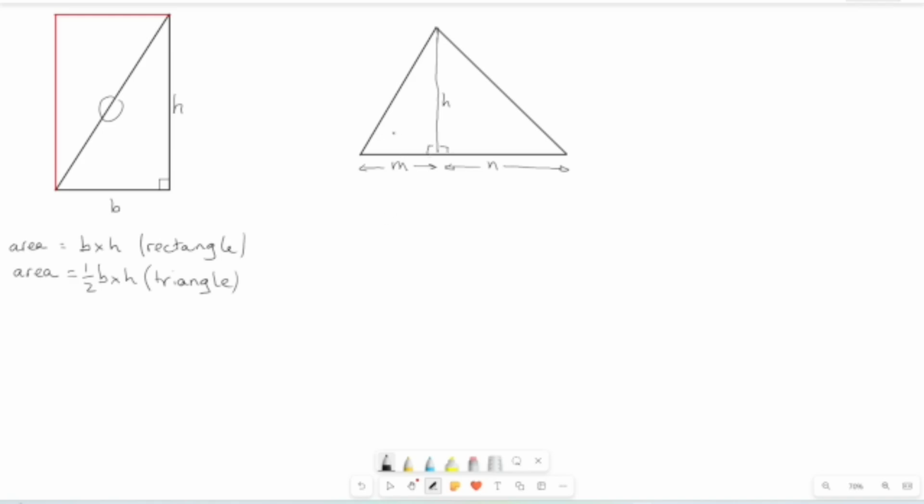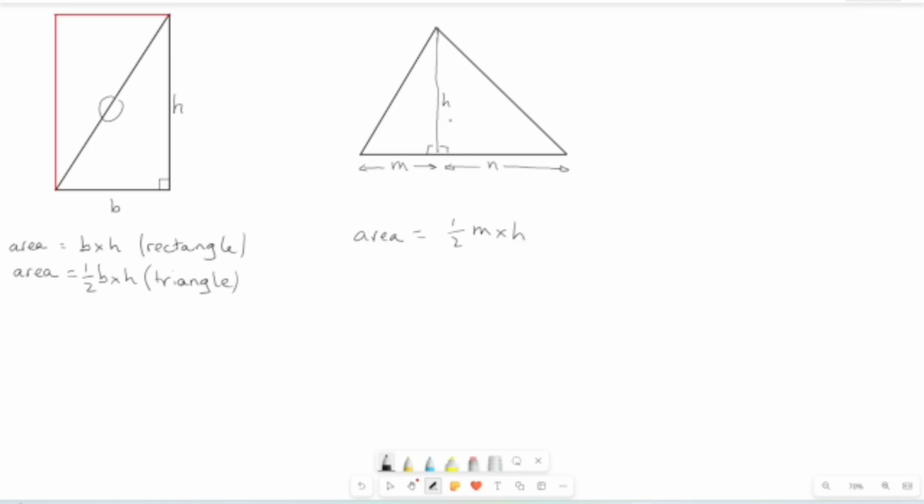So for the first triangle on the left hand side, as we've just seen, the area is half the base times the height, which is 1/2 n, that's the base, times the height.